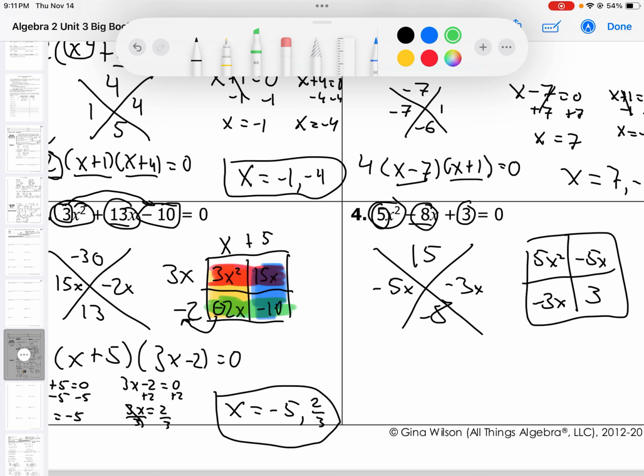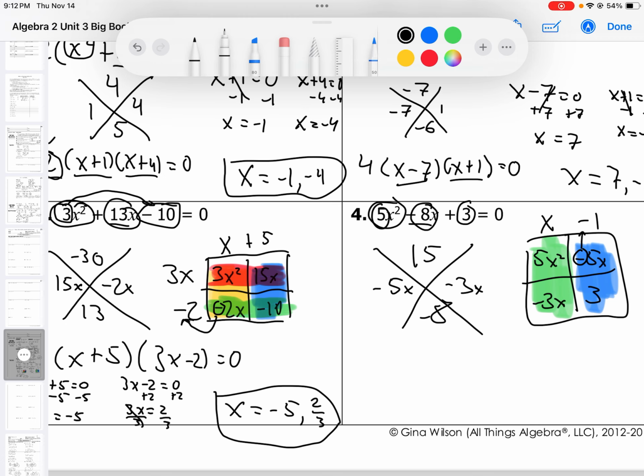So our 5x and negative 3x, those have x in common. And then our negative 5x and 3, those have just a negative 1 in common. Again, because it's next to this negative 5, that makes it a negative here.